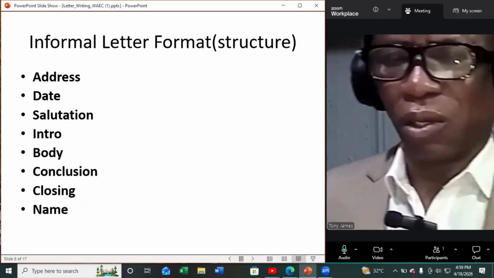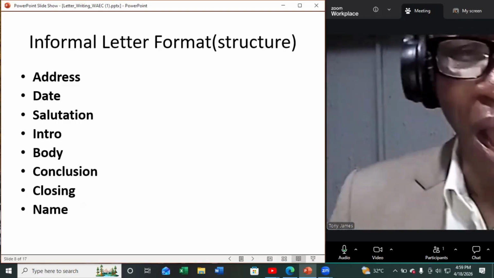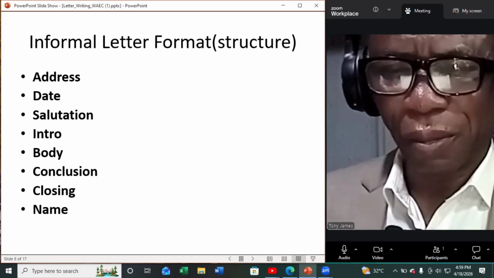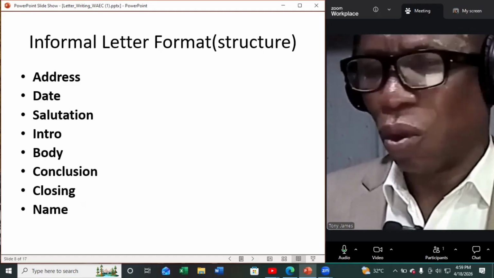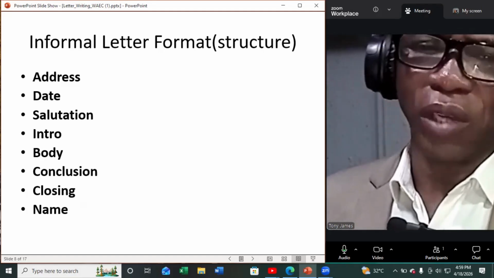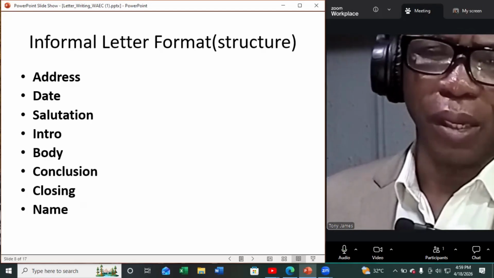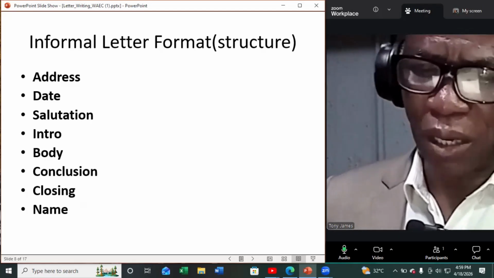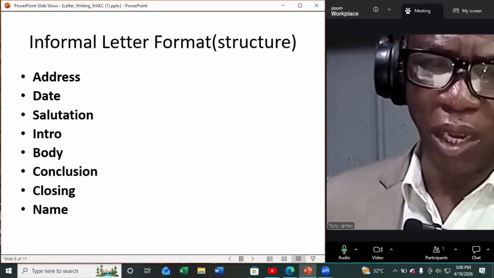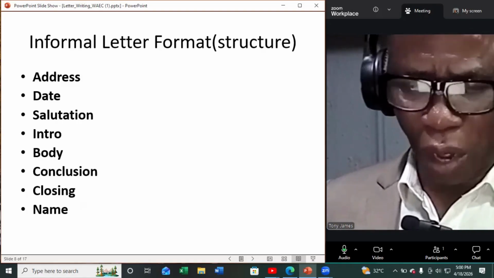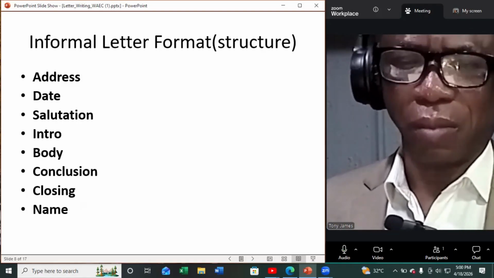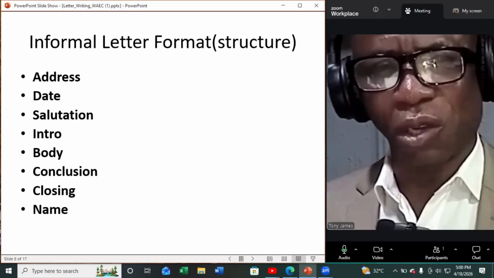From the margin, you start writing, dear sir. So after dear sir, comma, after dear Olu, or dear mommy, or dear daddy, you now put a comma. That is, you now start your indentation. That is, you now start your paragraph. Because we will be going to the introduction now.